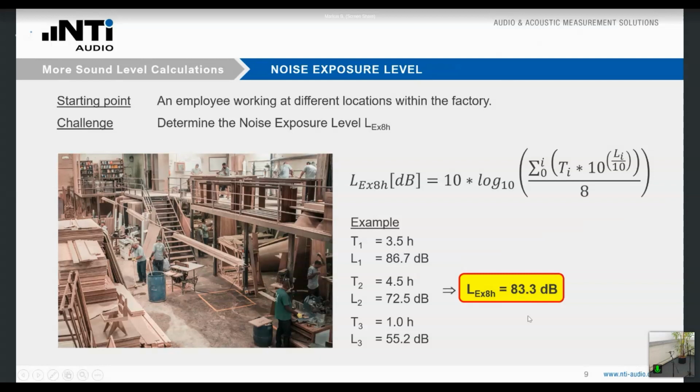Which is quite interesting and noticeable. You see that this part here, these 86.7, are apparently the predominant impact or influence on that result. Although the worker was less than half of his time exposed to this level, the 86.7 definitely play a much higher role than these 72.5 or the 55 level.